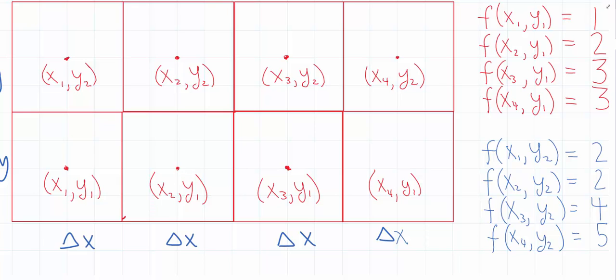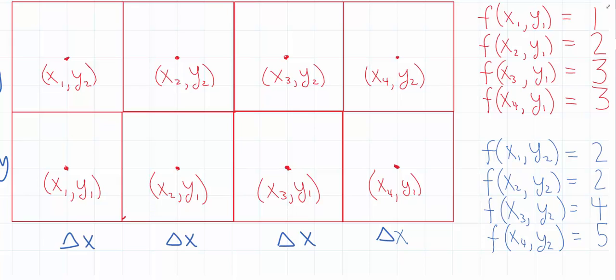Now let's suppose this. Let's suppose that the surface actually passes through f of x1, y1, f of x2, y1, and so forth. So I've taken these points right here in the center of these prisms, and let's suppose that the surface actually passes through those points such that there are values, right?